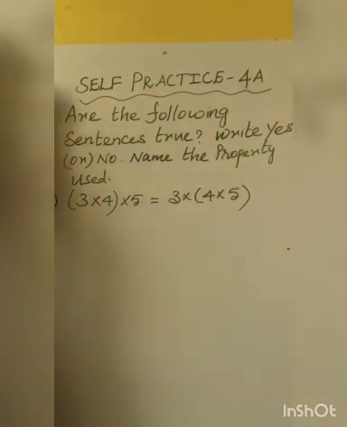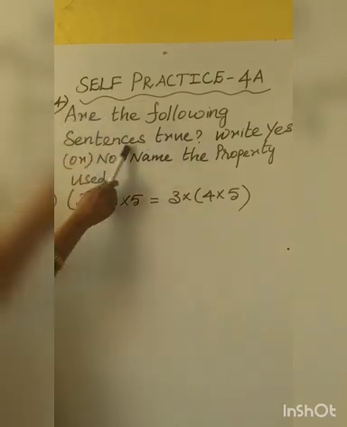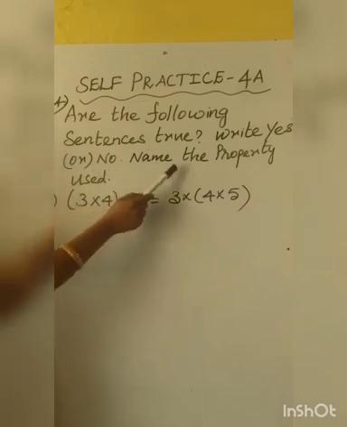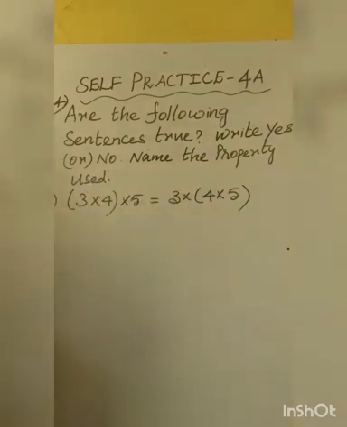Just I want to take the fourth sum, the following sentences, to write yes or no. Name the property used. Listen children, 4 sums are given. First find out whether the given sentence is true or not. Next, we also have to write the name of the property. Okay? So listen children, first I have to take the first sum A.